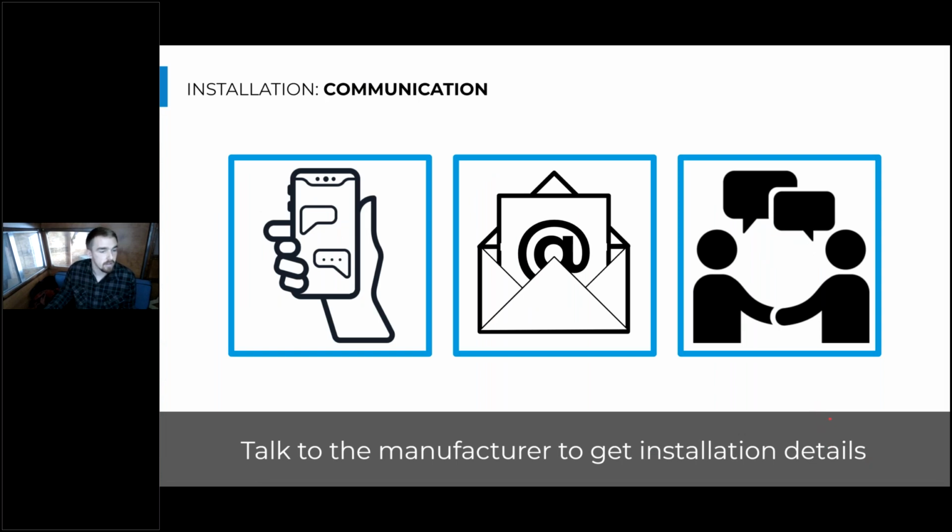And so I talked about talking to the manufacturer to get installation details, and just make sure that you have really open communication with them, because there are, like I mentioned, those little gold nuggets of information that you can get from the manufacturer that might not be found in the submittal data.